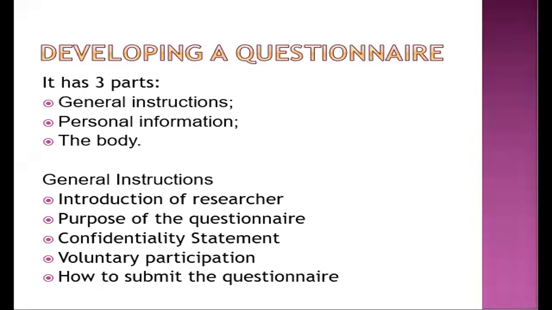The general instructions include the introduction of the researcher, purpose of the questionnaire, confidentiality statement, voluntary participation, and how to submit the questionnaire. For the introduction of the researcher, you could include what is your name and what institution you are affiliated with.